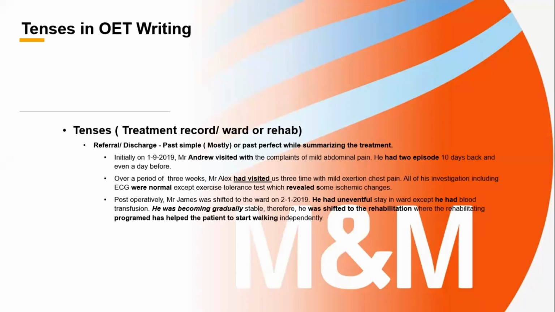You need to summarize the significant treatment trend. You have to highlight the prominent symptoms, such as if there is a progression of disease, and accordingly summarize those details. In the case of ward or rehab, the ward details are relatively less relevant. However, you have to highlight something significant.